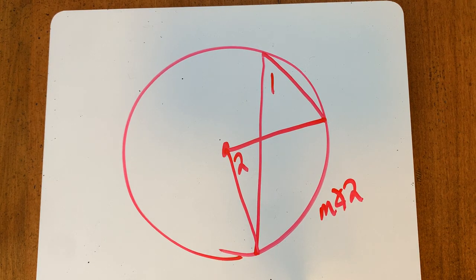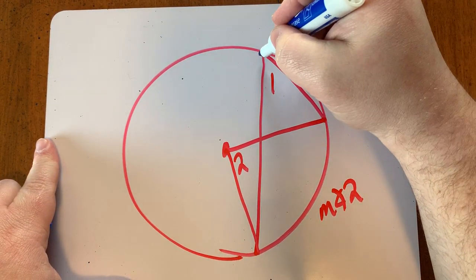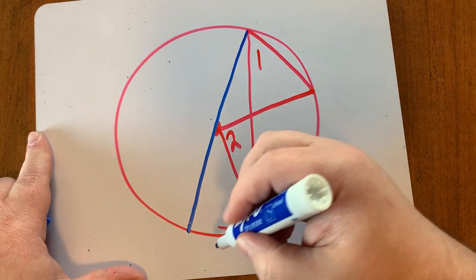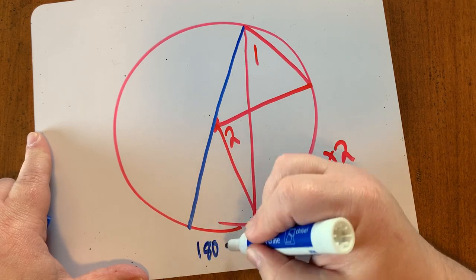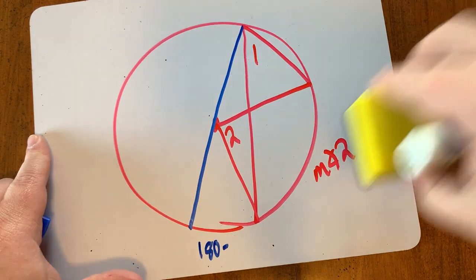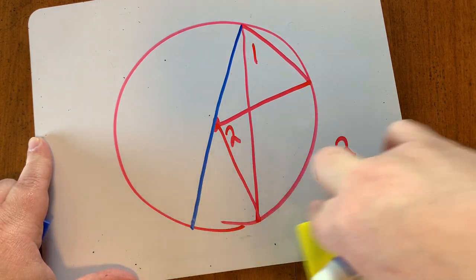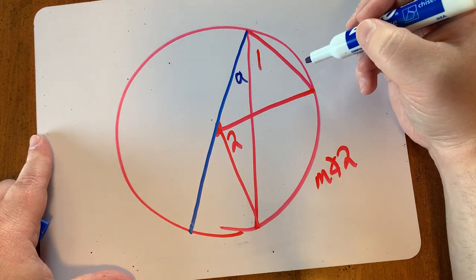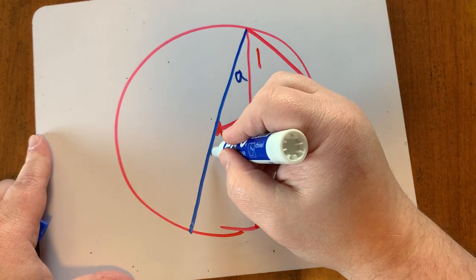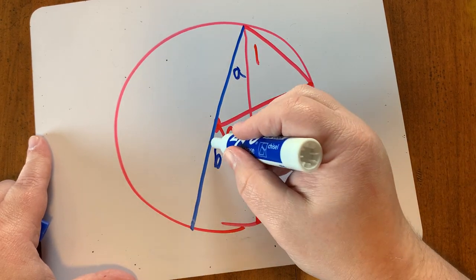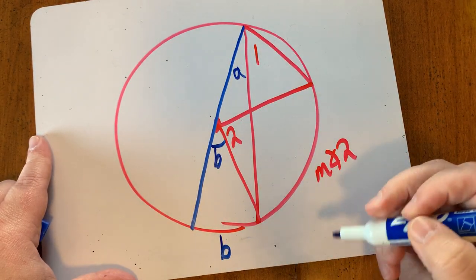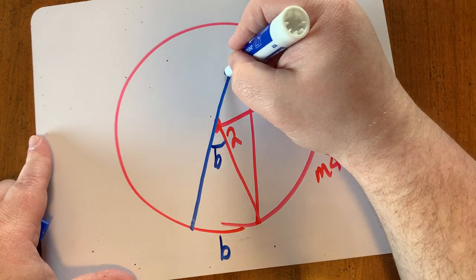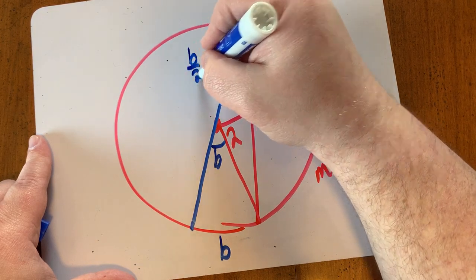So this time, if we draw that diameter, this is 180 minus, oh, no, it's not 180 minus, I'm sorry. But if I call this A and this B, this central angle corresponds with that, so that's B. And A is the inscribed angle for B. So A is just B over 2.